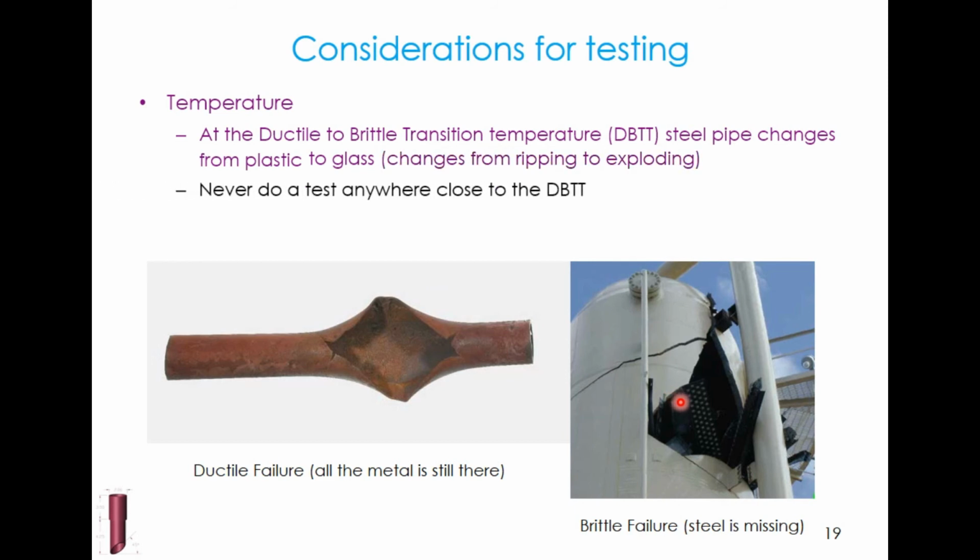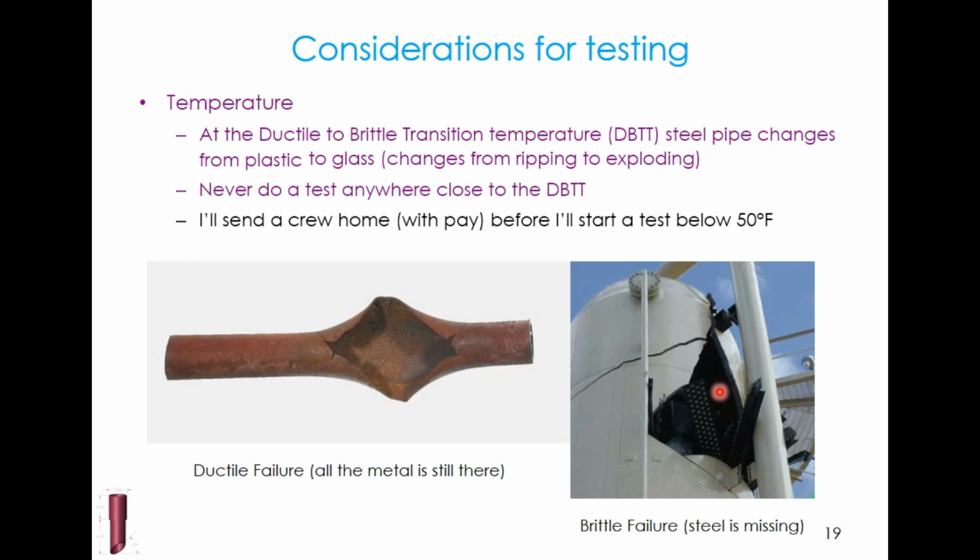You never want to do a test anywhere close to the ductile to brittle transition temperature. I'll send a crew home with pay before I'll start a test below 50 degrees Fahrenheit. And this DBTT is really dependent on the metallurgy. Milder steels have a lower DBTT than higher grade steels.